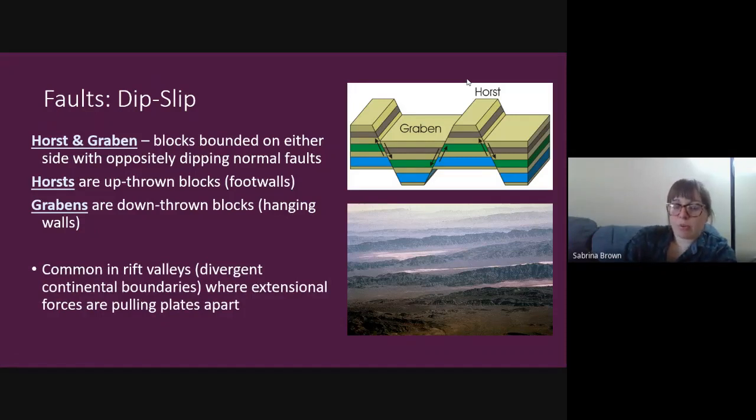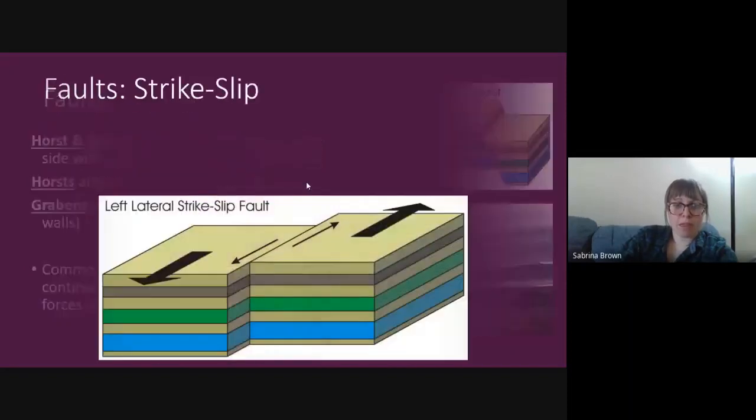For example, in the Rift Valley of Africa, where we have a lot of extensional forces happening today, we're creating horsts and grabens, but also in the Southwest. A lot of the mountains in the Southwest are associated with old rift boundaries where we had this divergent extensional force happening.